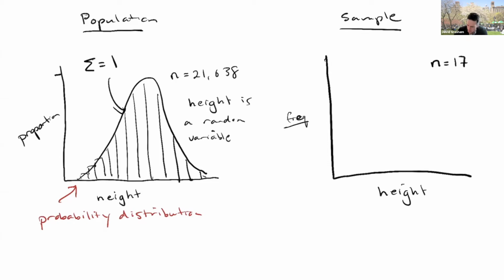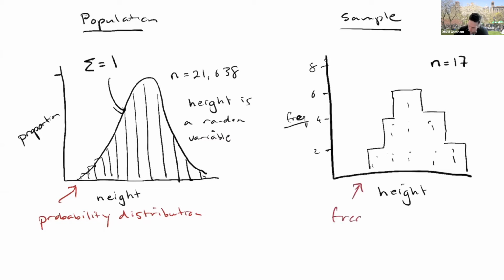In this case, we would have 2, 4, 6, 8, and we would have a histogram that looks a bit more like this, where we have 17 individuals that are counted in here, okay? And so this version of the histogram we call a frequency distribution.